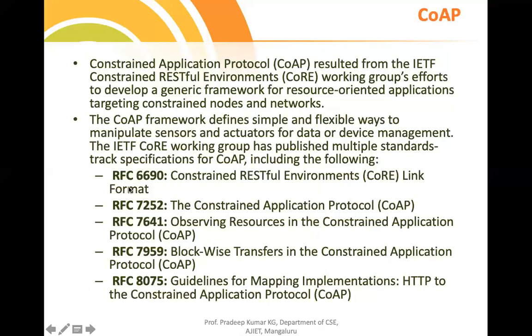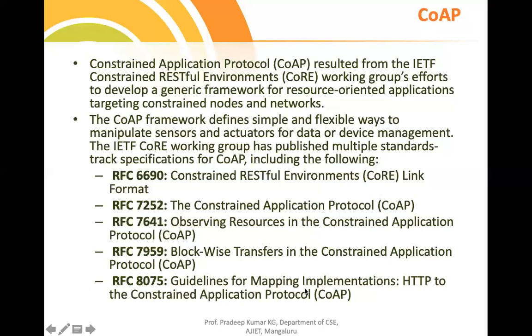The first one is RFC 6690, the Constrained RESTful Environments core link format. Then RFC 7252, the Constrained Application Protocol, CoAP. RFC 7641, observing resources in the Constrained Application Protocol. Then RFC 7959, block-wise transfers. RFC 8075, guidelines for mapping implementations.